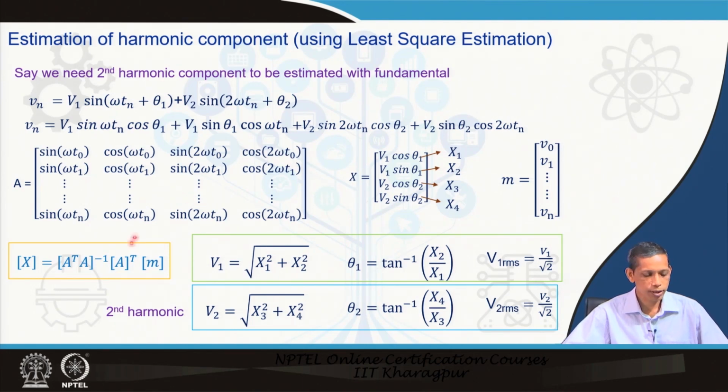Therefore, only those portions of the A matrix and the pseudo inverse matrix are required for the computation. So, you can optimize your computation in accordance with the requirement for the particular relay application.